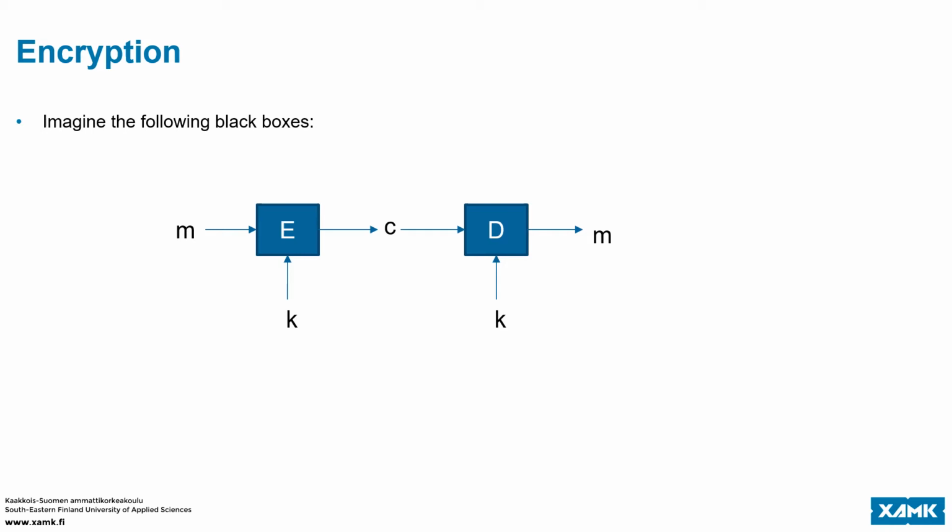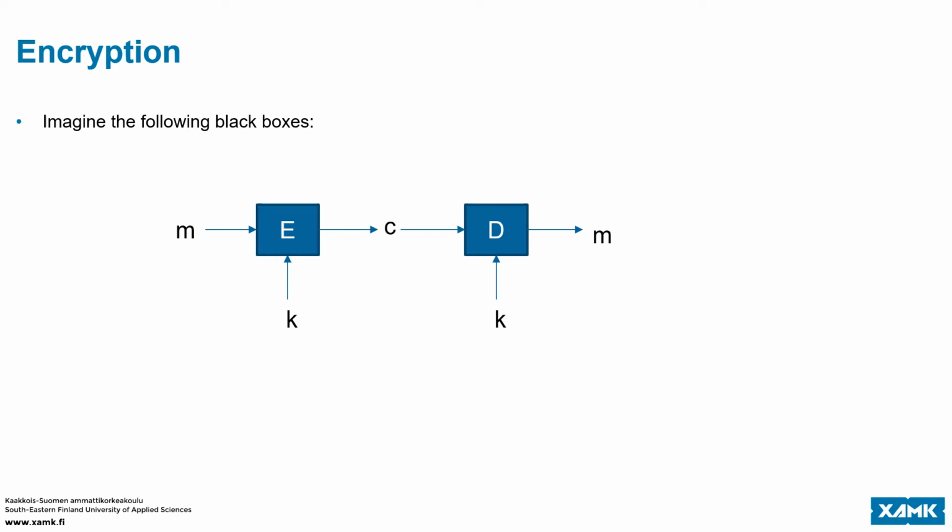Let's look at these two black boxes that somehow encrypt and decrypt data once more. On the left, the message m goes into the box for encrypting data. We also need a key that we have somehow generated. If you put a key and a message into this encryption box, a ciphered version of the original message comes out. If we then put the resulting cipher text and this same original key into the decryption box, the box will output the original message back.